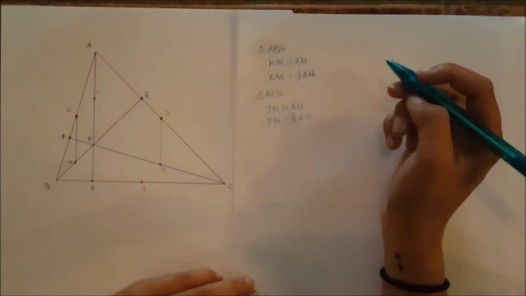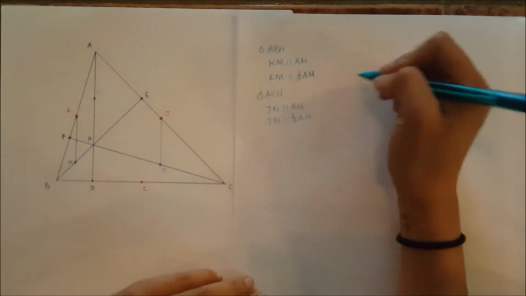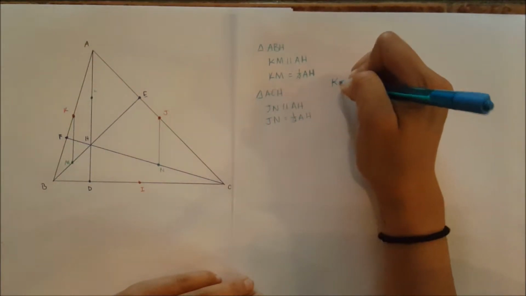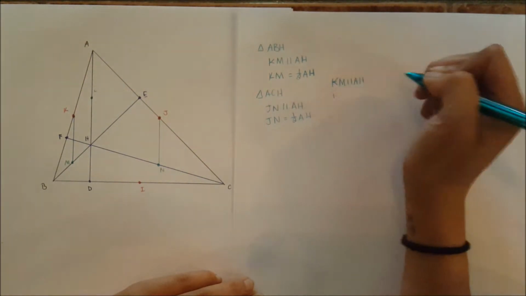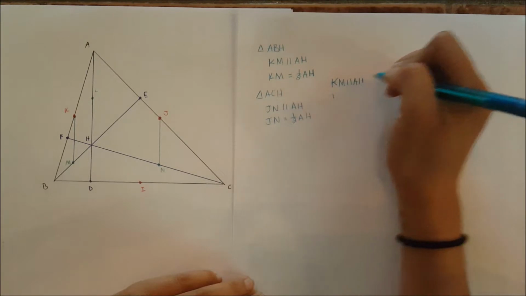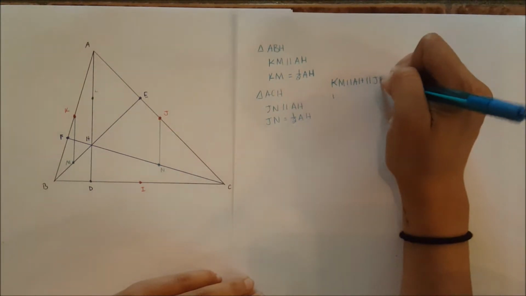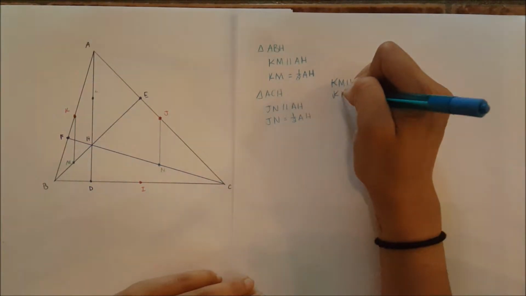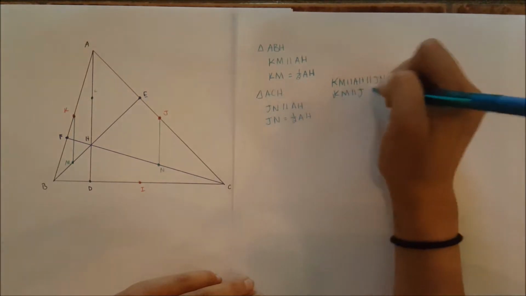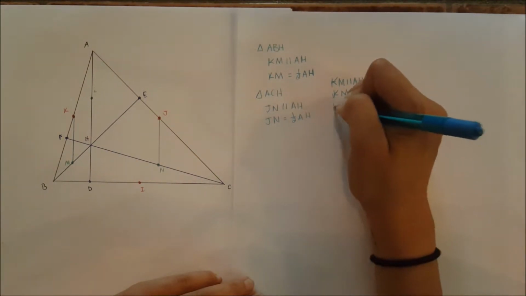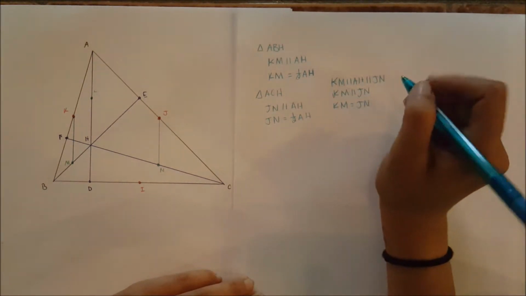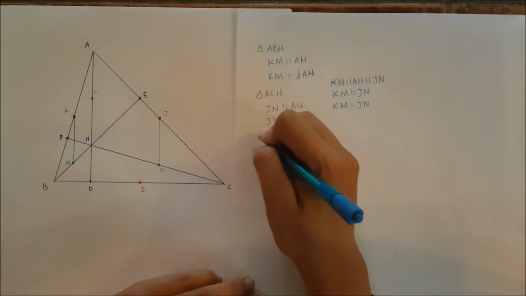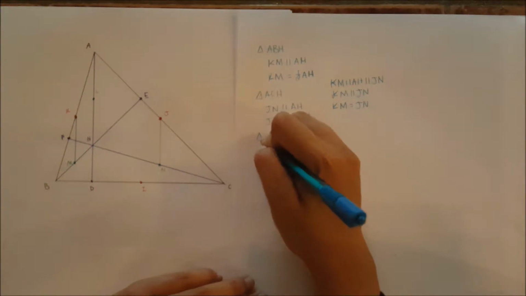So we can connect a few things here. We can see that KM is parallel to AH, but it is also parallel to JN. And KM is equal to JN. So now let's look at triangle HBC.